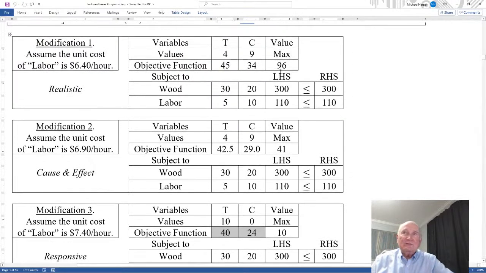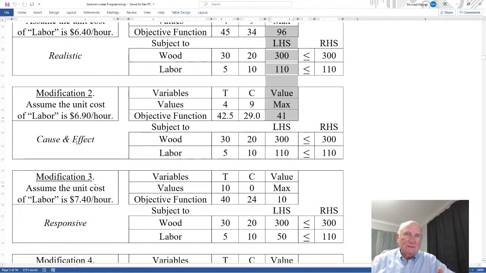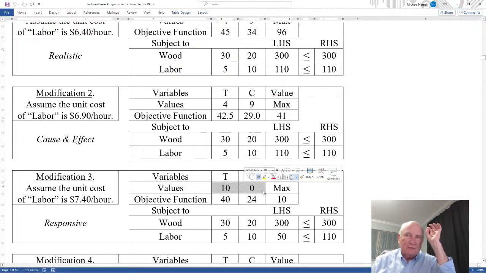So the argument here is as well, every 50-cent increase of labor, my profit decreases by $55, went from 96 down to 41. But if that's true, if this goes down another $55, I'll be operating at a loss. But when I solve this, I get a positive $10 because what happens is it finds the optimal solution by changing my product mix, my production changes.